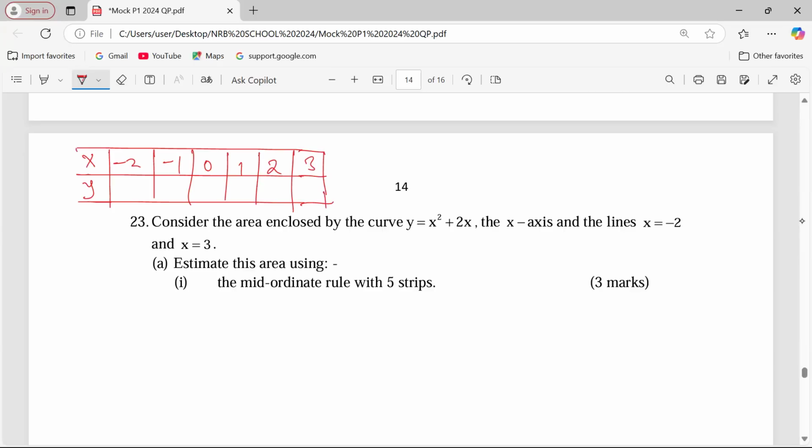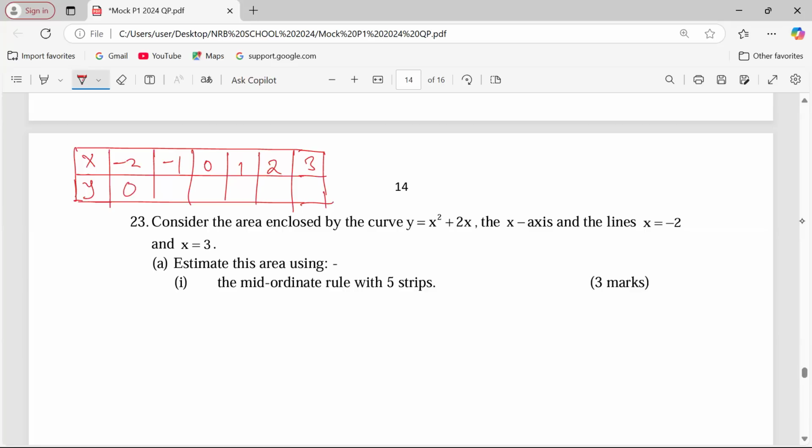For the first value of y, I take -2 squared plus 2 into -2. So this value becomes 0. The value of y is 0.